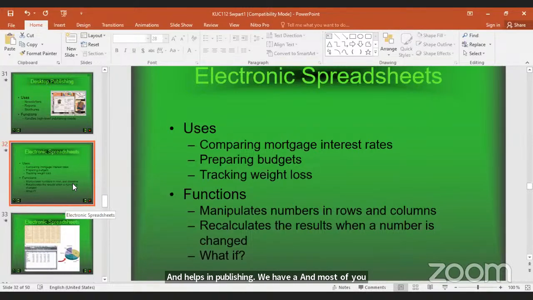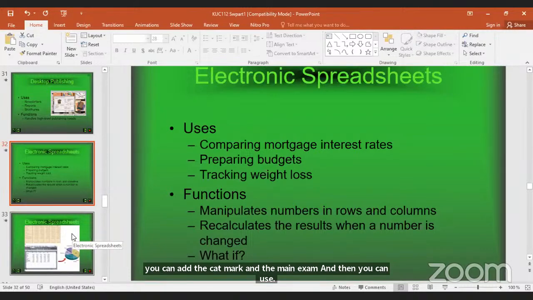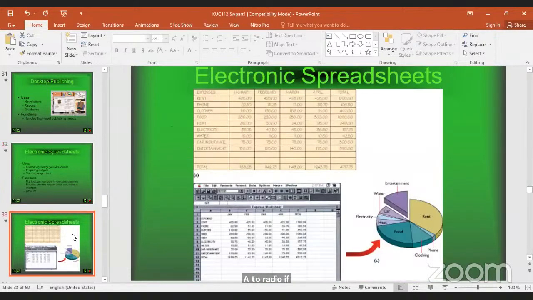You can use it to compare mortgage interest rates. You can use a spreadsheet to prepare budgets. You can use a spreadsheet to calculate your marks, isn't it? You can add the CAT mark and the main exam, and then use a spreadsheet to grade you, if it's an A, a B, a C, a D, or a supplementary.